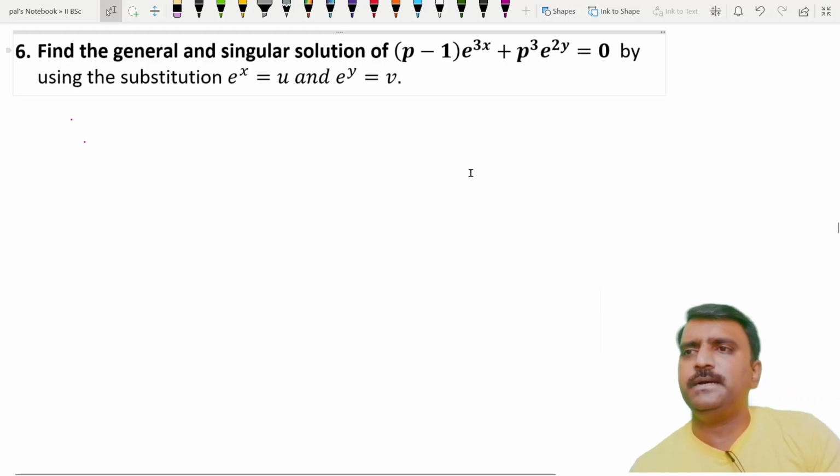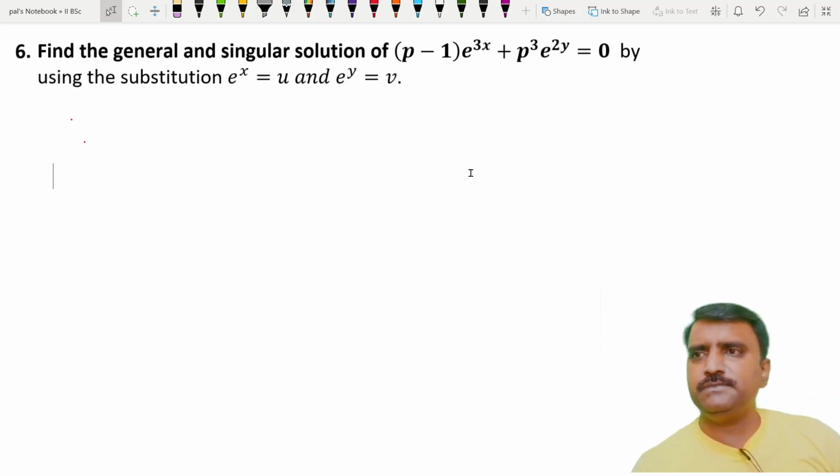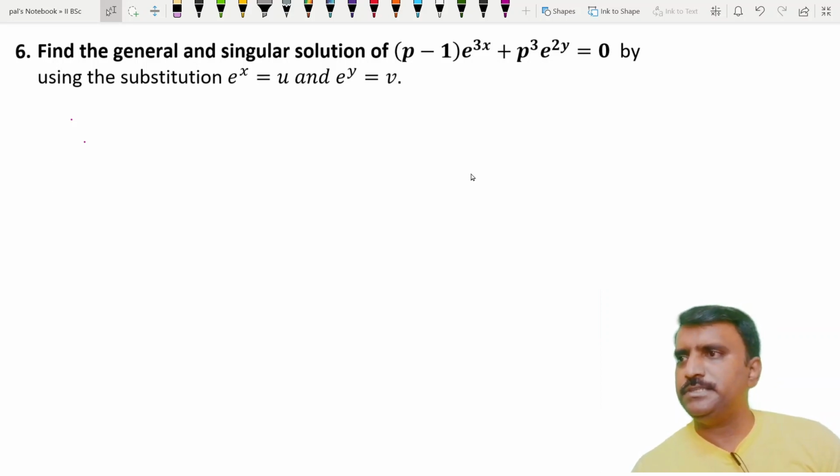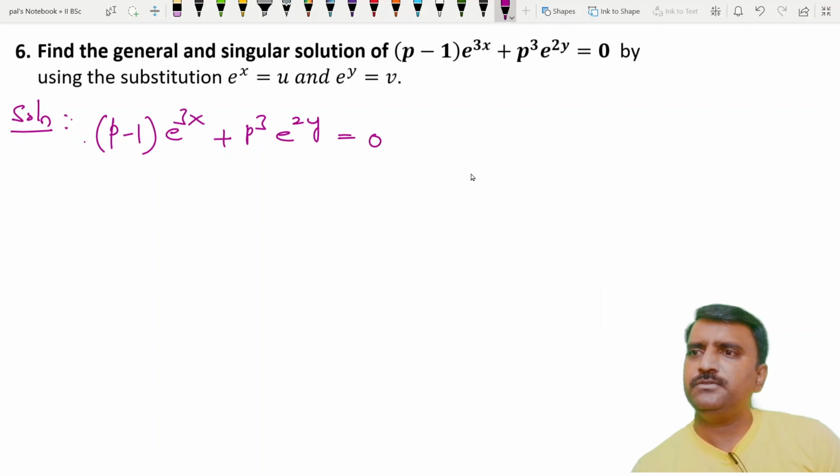So first you write the equation, where p is dy by dx. So the given equation is (p minus 1) e to the 3x plus p cube e to the 2y is equal to 0.